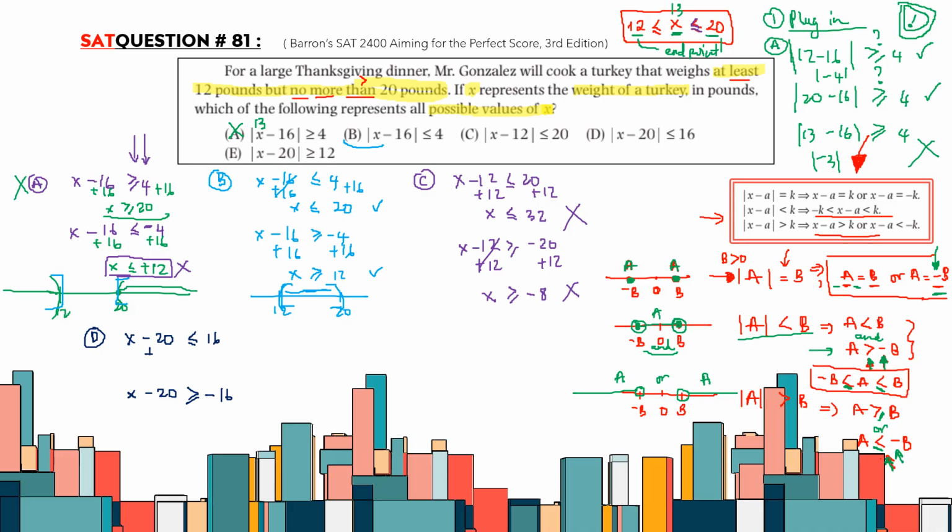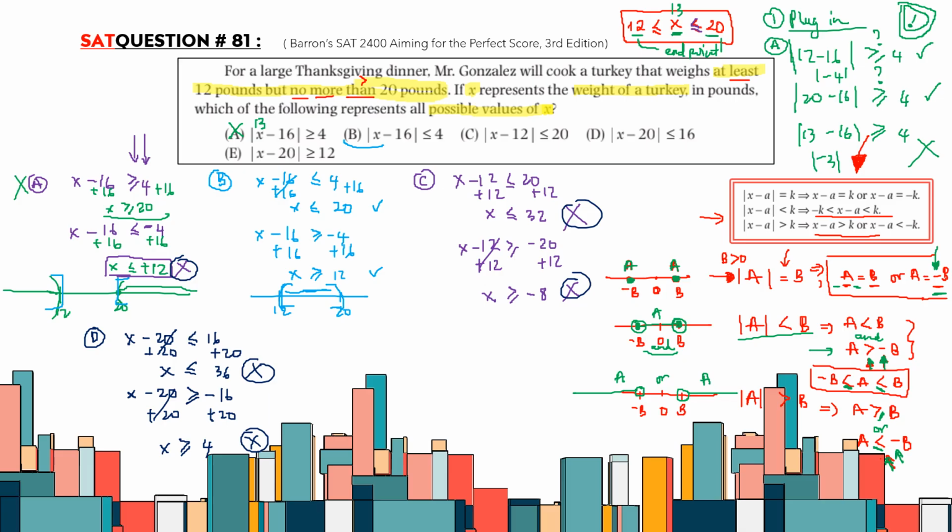So we add 20 to both sides. This one becomes 36 on this side and is x. So this one is a big x as well. We cannot choose it because our maximum is 20, our minimum is 12. But we're still solving for it to see what happens. So x greater than or equal to 4. No, right? Minimum is 12. In between 4 and 12, we could not choose any.